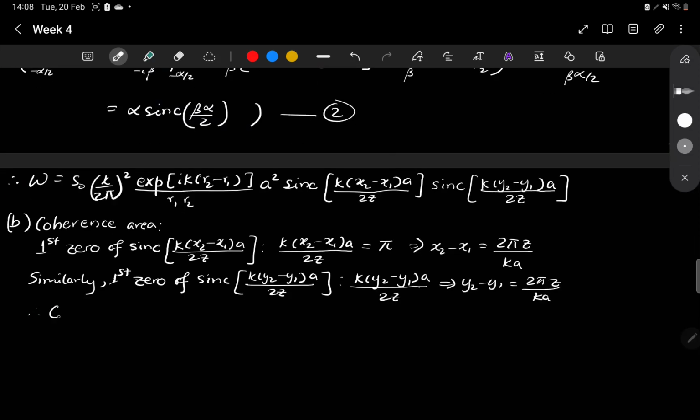Thus we get the coherence area at z as the product of this, and this coherence area is finite.